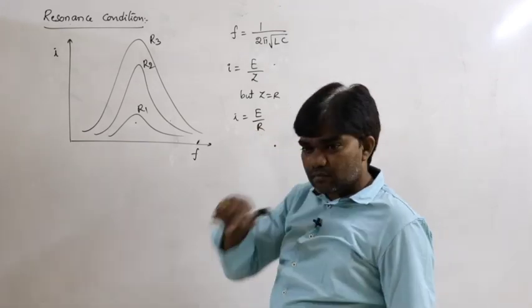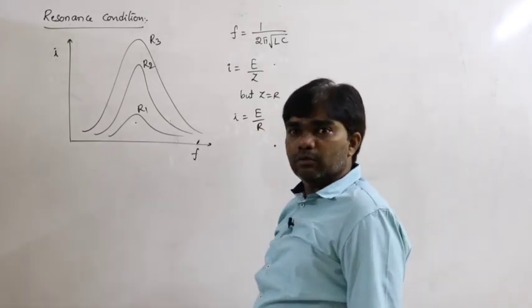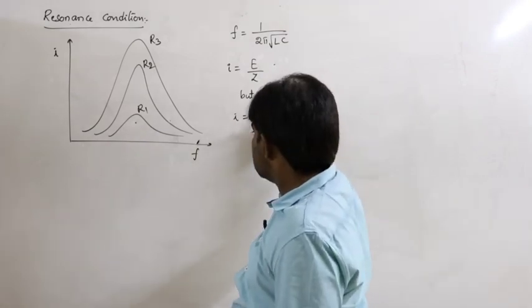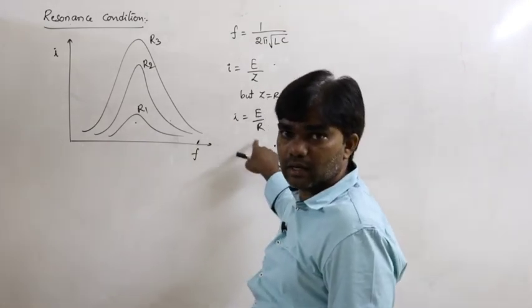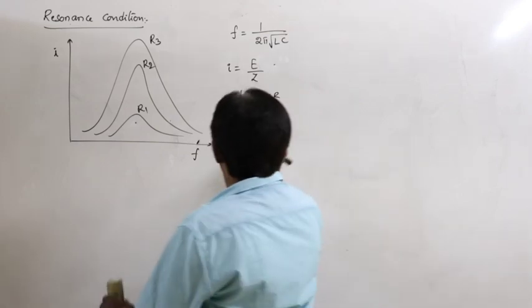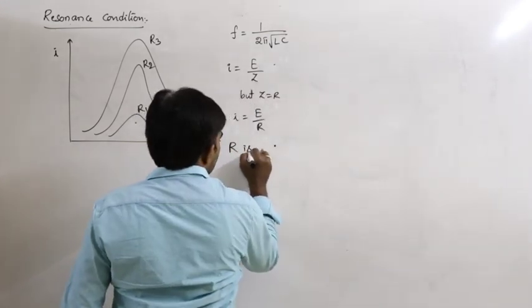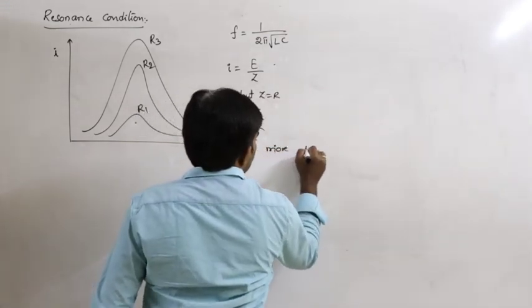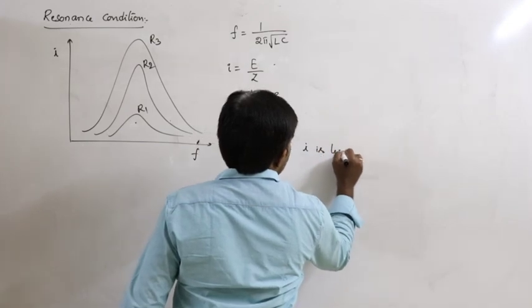Now, come to the topic, here it is, I is equal to E by R. If R is more, then I is less.